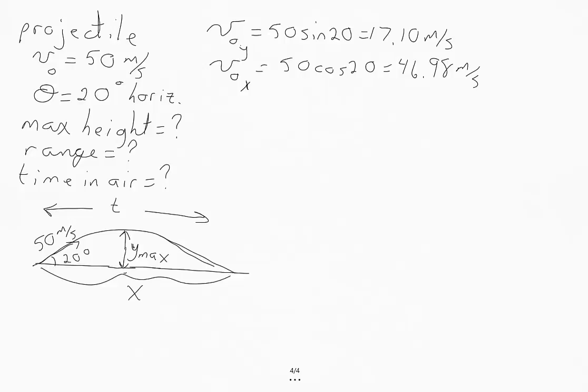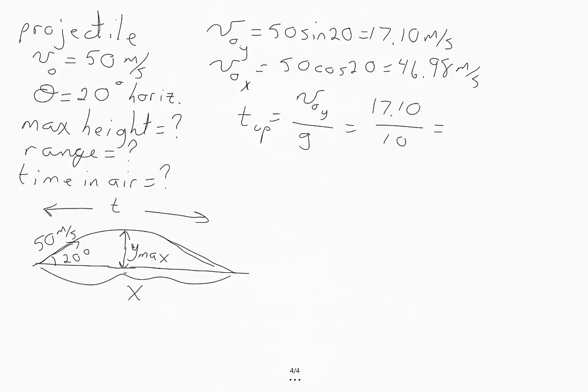From this, I want to find the time first. It's always a good place to start with your time. So using the equation that I figured out earlier, I know that the time up is going to be the initial velocity in the y direction divided by gravity, which is 10 in this case. So 17.10 over 10.